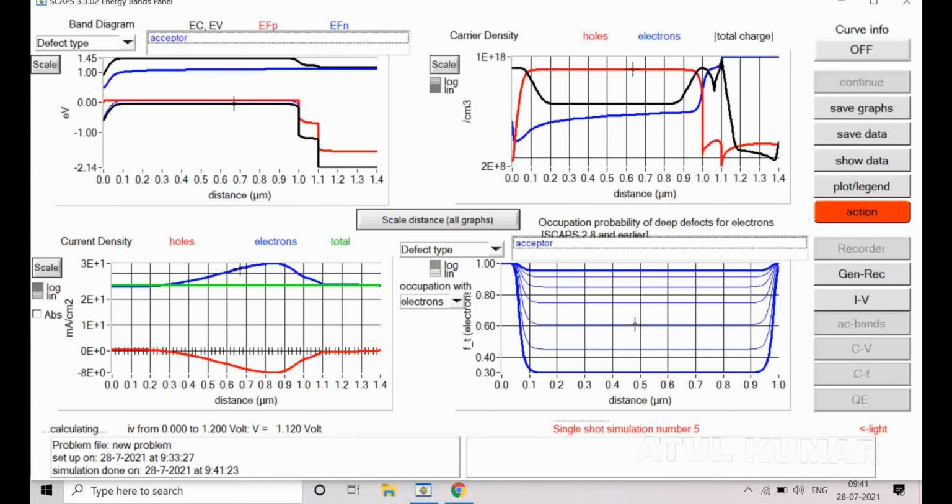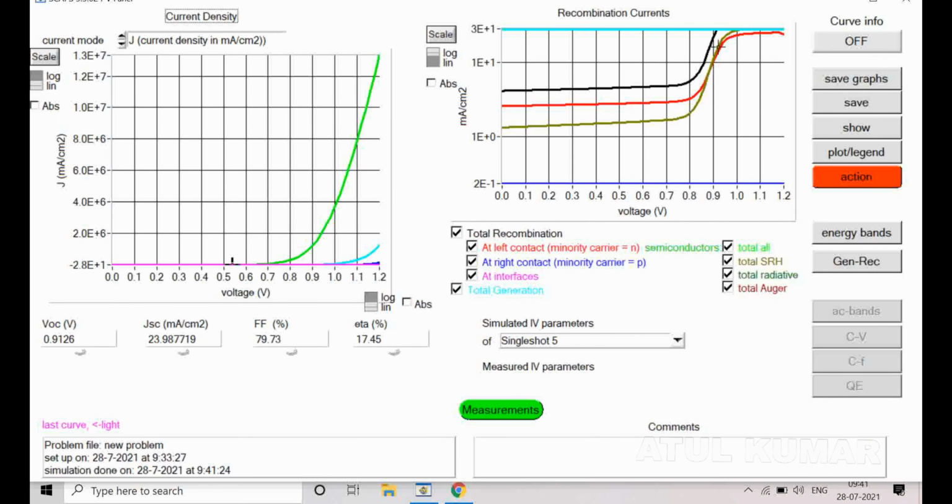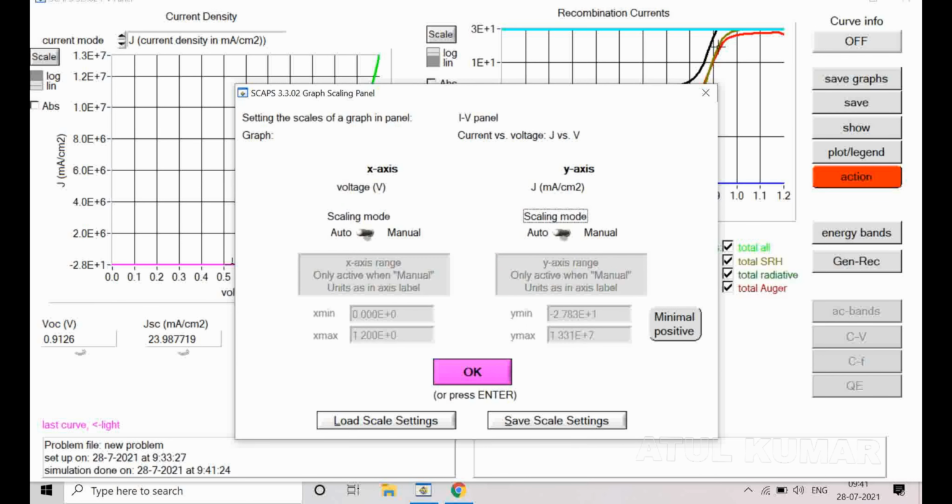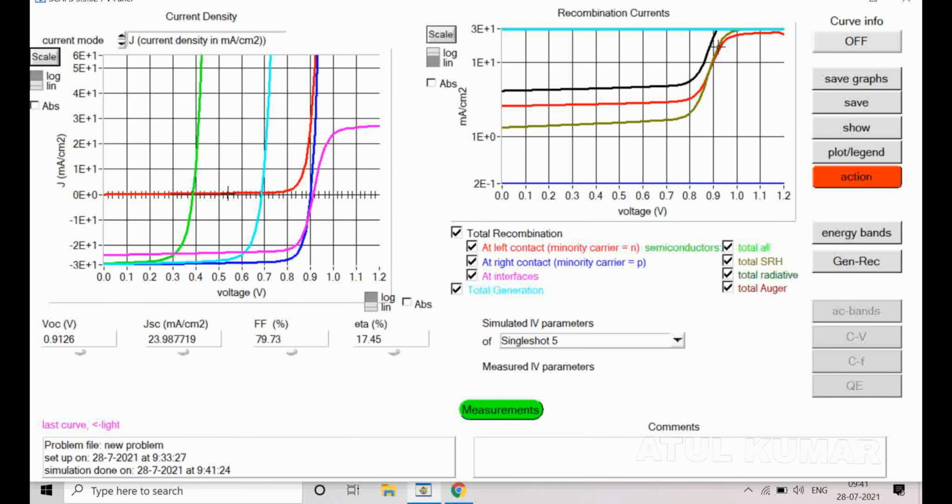Now if I simulate this IV curve, you will see some variation. Let me realign it so that it is visible. You can see this kind of behavior, the pink line. Okay, so you can see what is happening now. This is called rollover.